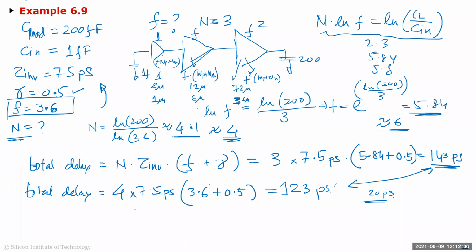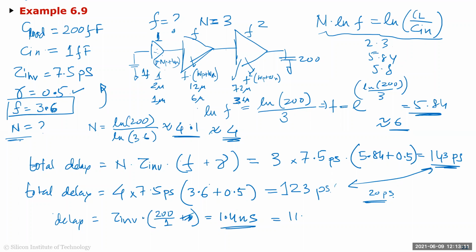And if you didn't do this buffer sizing, if you just used the minimum buffer over here, then the delay is going to be tau inverter for 1 stage, and this is 200 over 1 plus 0.5, which I can ignore, so this is tau times 200, so that is 1400, 1.4 nanosecond.